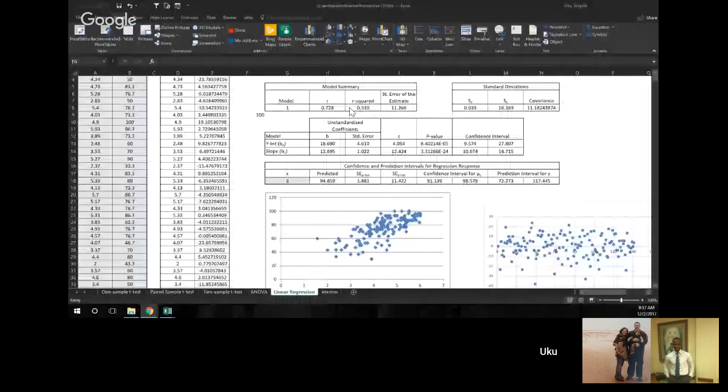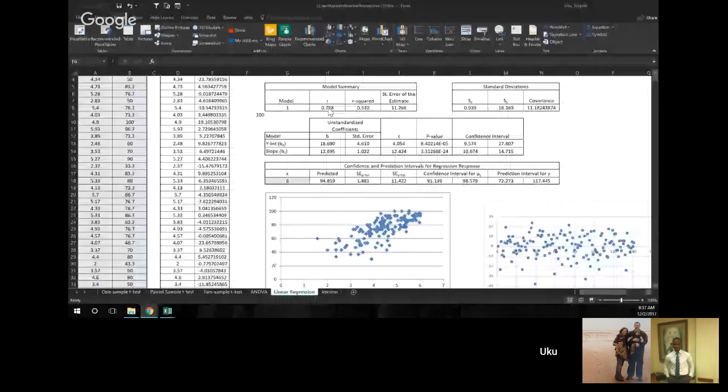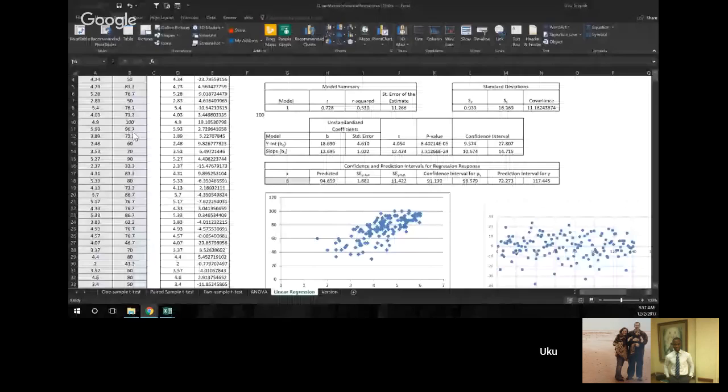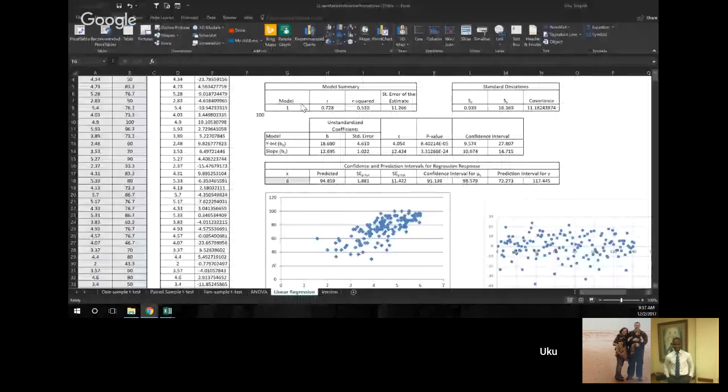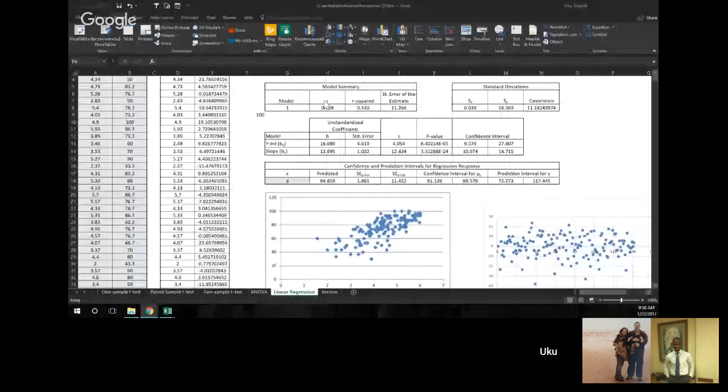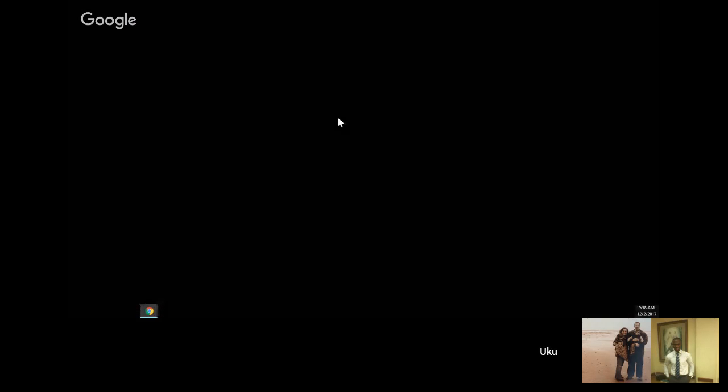So something he mentioned was that in this model, the closer the R value is to 1, the stronger the relationship between X and Y. If it was negative, then they really don't have anything in common. But if it's close to 1, then it's correlated. And here we have a 0.73. So it is closer to 1.